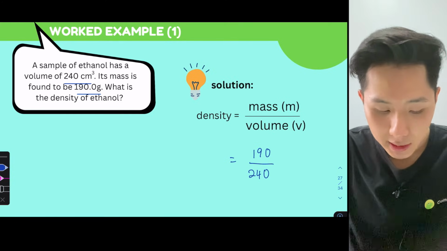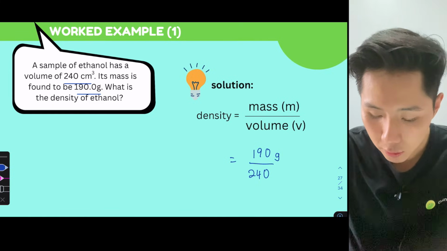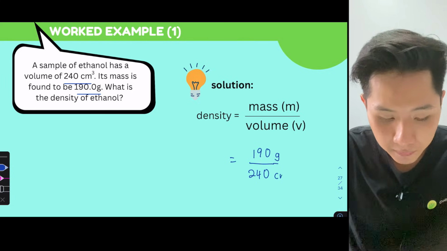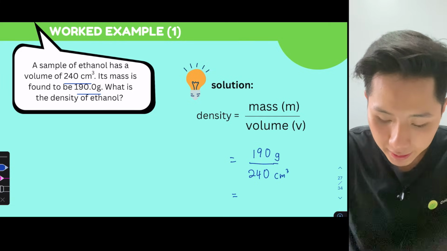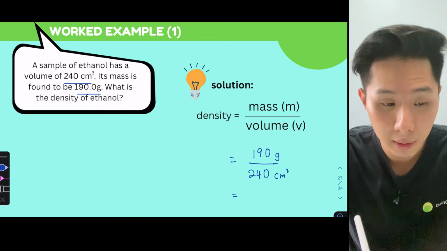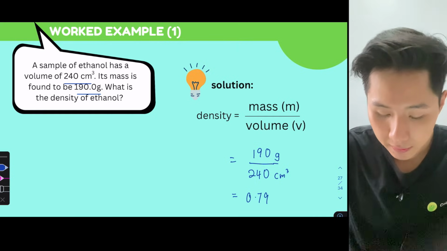Because the mass here has the unit gram, I can just write it down here for my visualization, and cm cube. If I plug this value into the calculator, 190 divided by 240, I'll get 0.79.